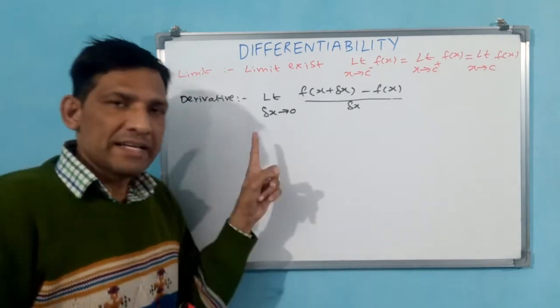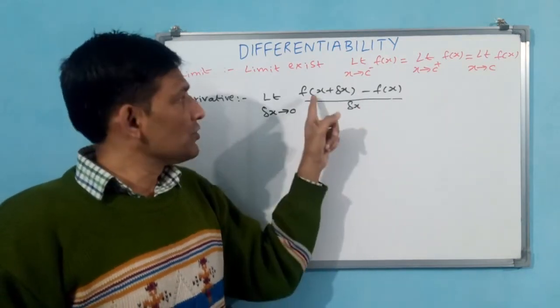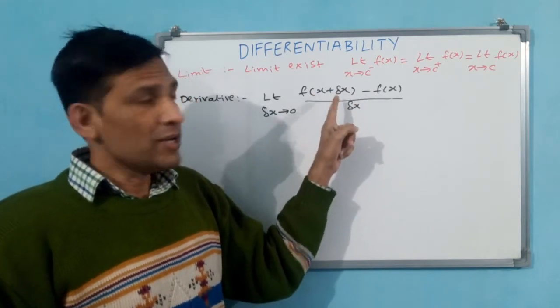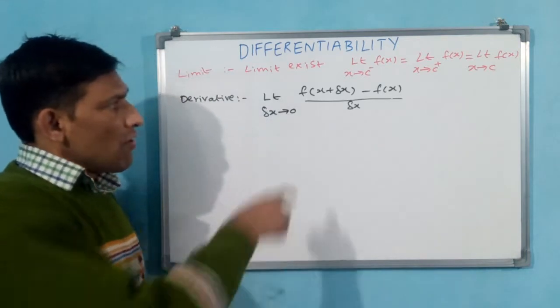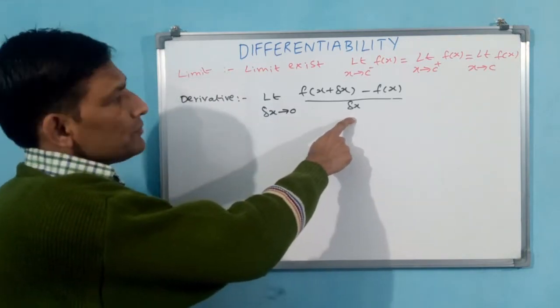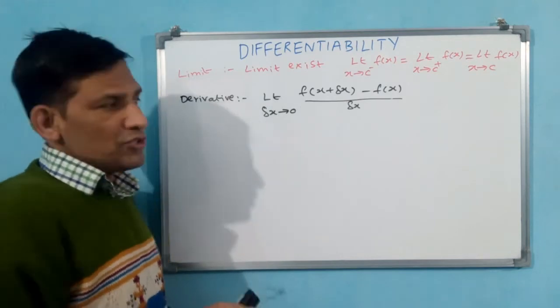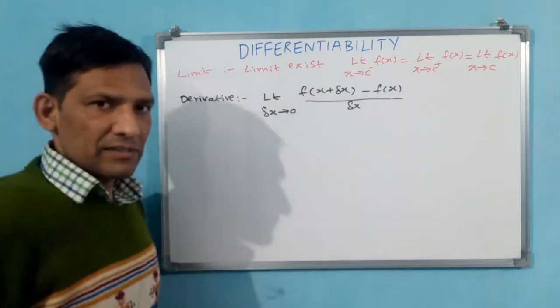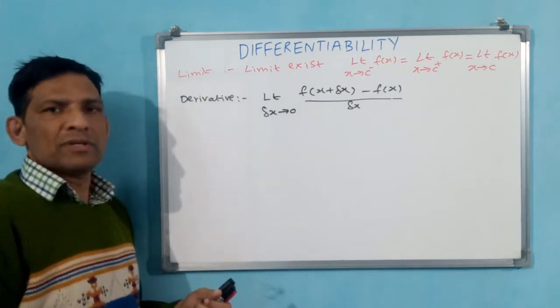Now you see what is derivative? Derivative is the rate of change of function. See, the change of function is there in the numerator, and in the denominator again that change is there. Rate means, with respect to the change of input, we are seeing the change of function. Function is output, that means change of output with respect to change of input.